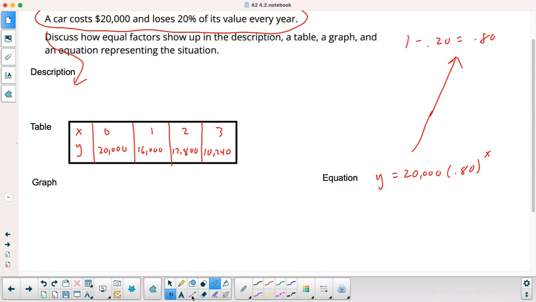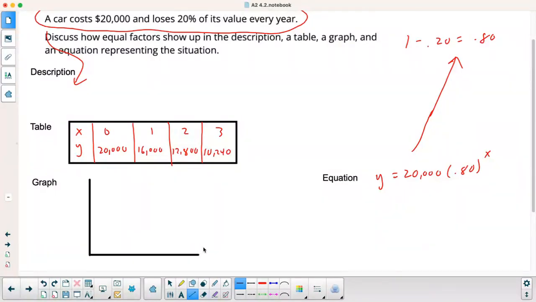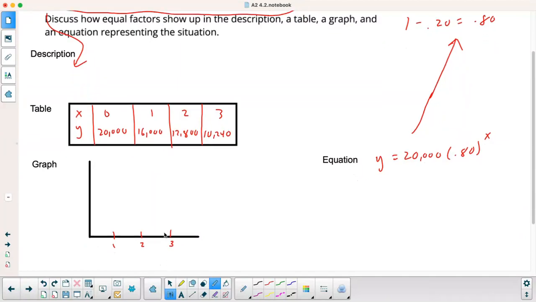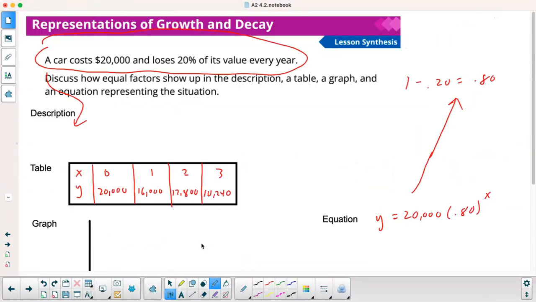So if I wanted to graph that, it would look something like this. So here's my 1, 2, 3. Make sure you put x is years since, when was it?